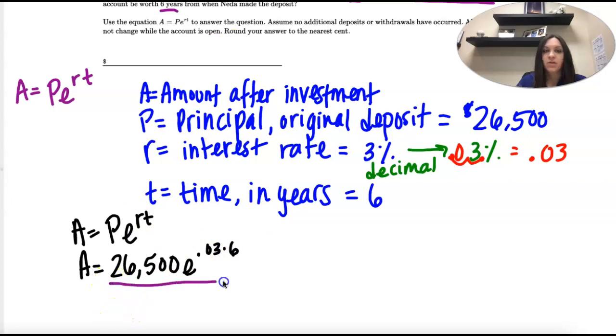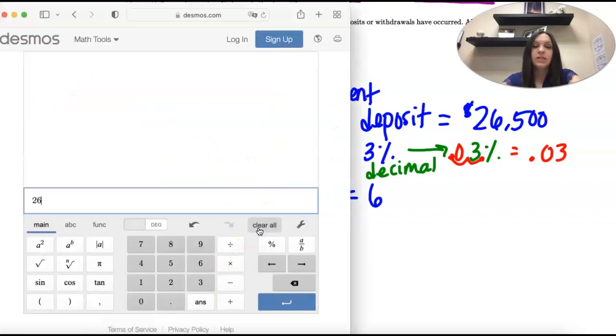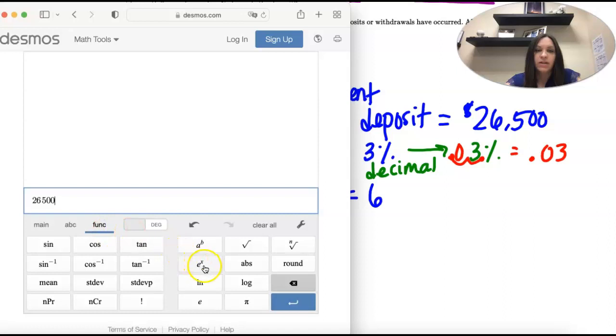So now this whole thing, we're just going to put in our calculator. Okay, so 26,500. And you can type E, or you can go find it. Here's the function, e to the x. It's going to do E and then straight up to an exponent.